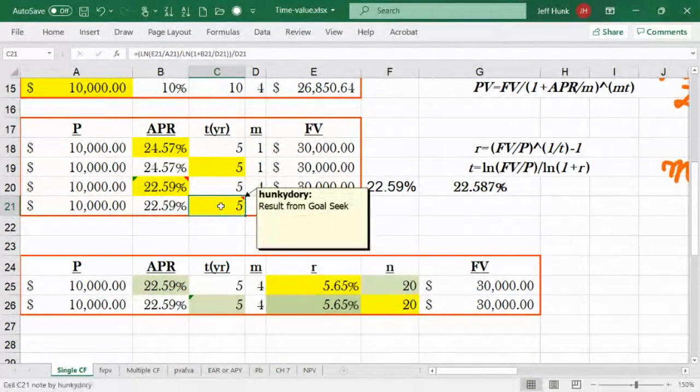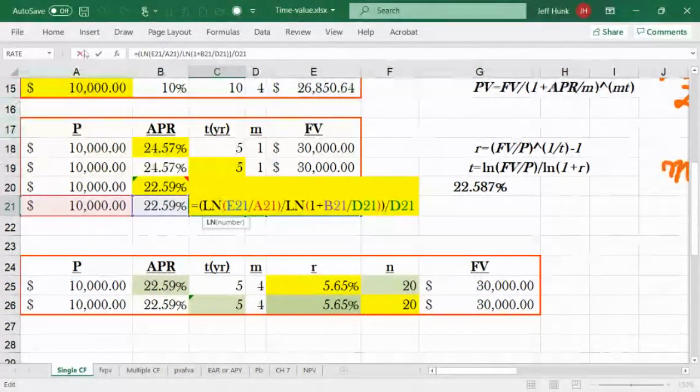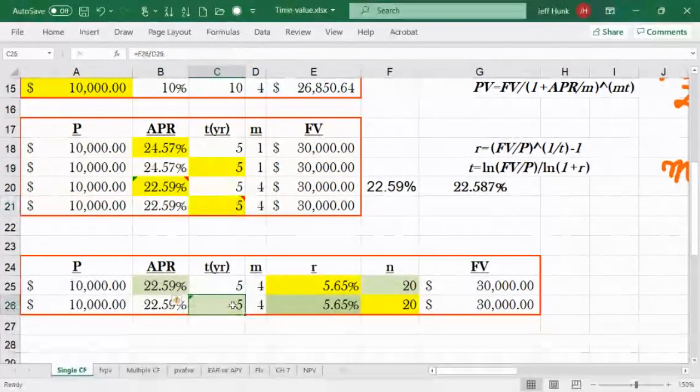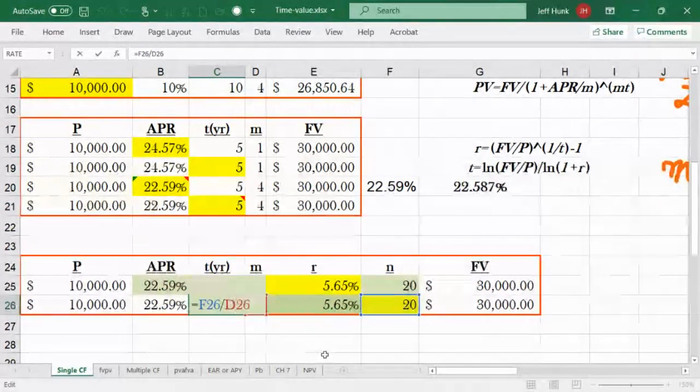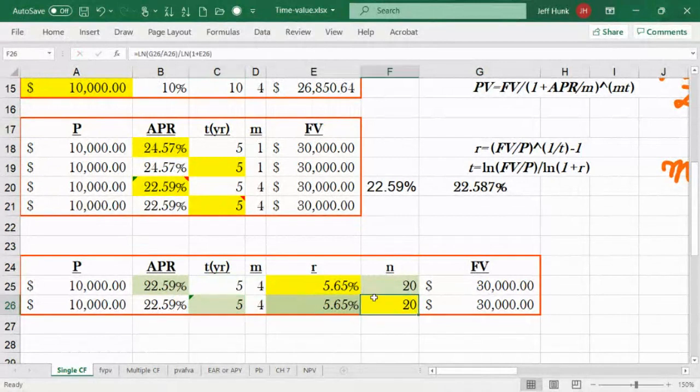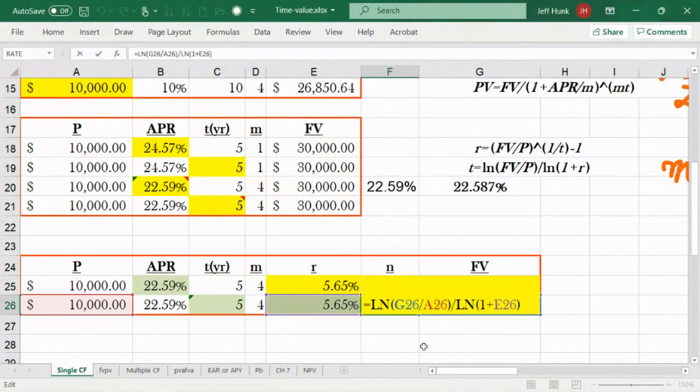now think about it. Would you rather do it this way or this way? I think it is easier to do it this way, right? Because there's less confusion, because n is the actual number of compounding.